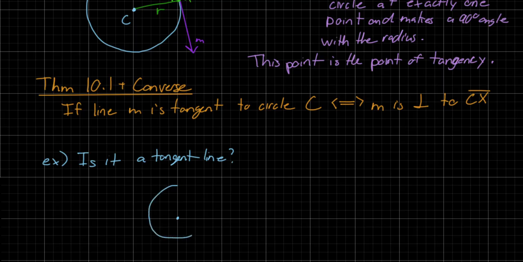Ooh, that was a bad circle. I feel like if I draw it and then add the center, it works out so much better than if I draw the center first. Okay, let's label our center K. And then I'm going to draw my radius out.